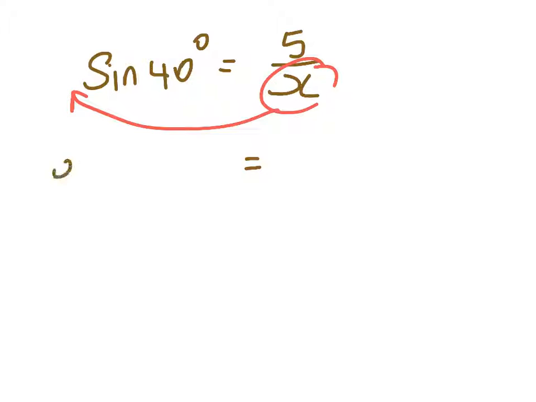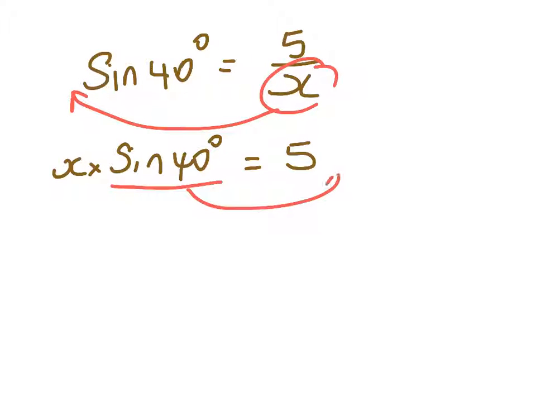So it will be written as, because it's a divide, so we're going to times by sine 40 degrees equals 5. Now we're going to move this over to this side. Now because this is multiplication, we need to divide on this side.